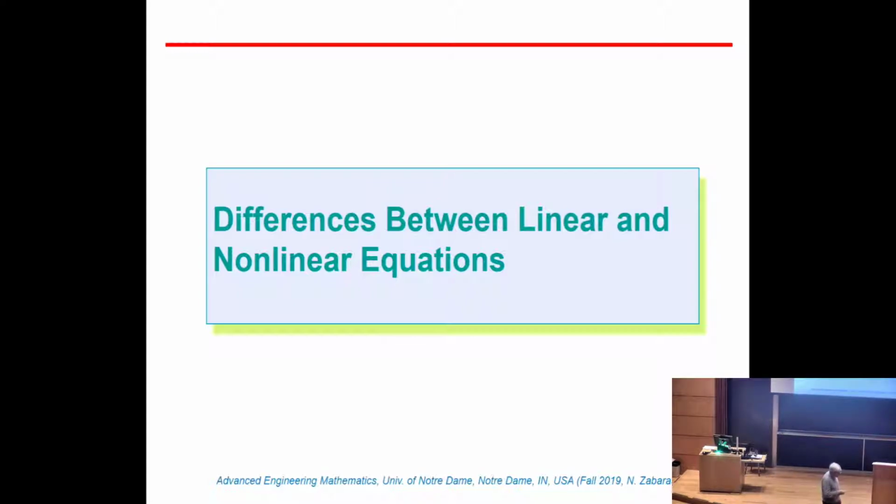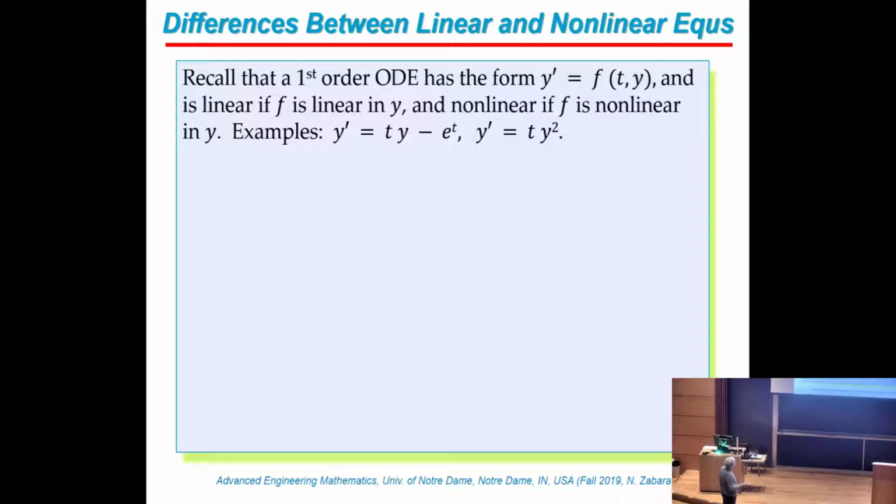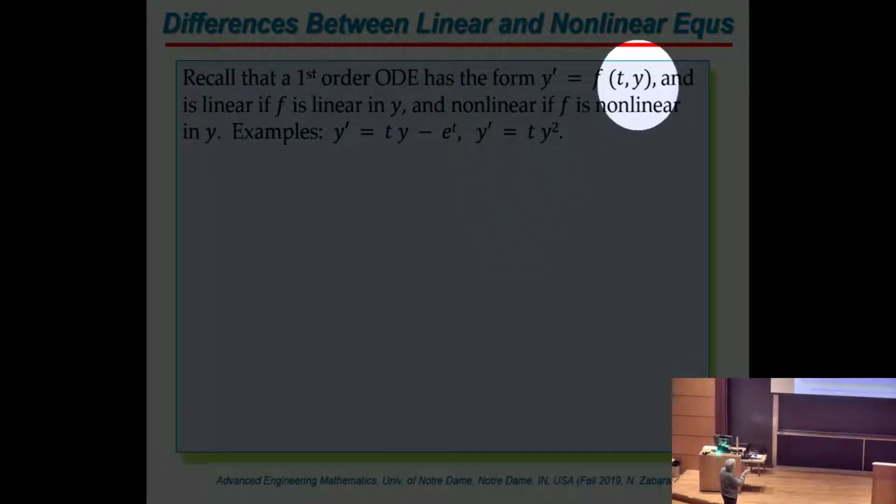All right, so let me start today by discussing a little bit the differences between linear and nonlinear ODEs, right? We mixed them. Some methods work for some problems, they don't work for others. So we need to see what the differences are. The first thing I'm going to remind you is what we're looking at: an equation that looks like this, y prime equals f, a function of t and y.